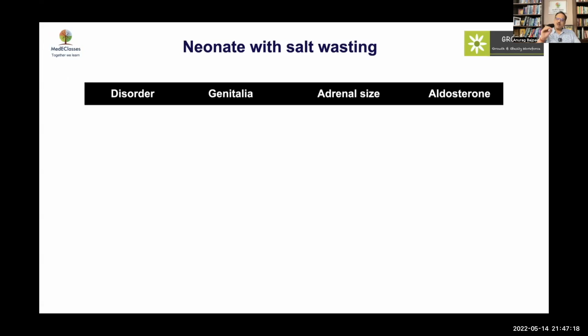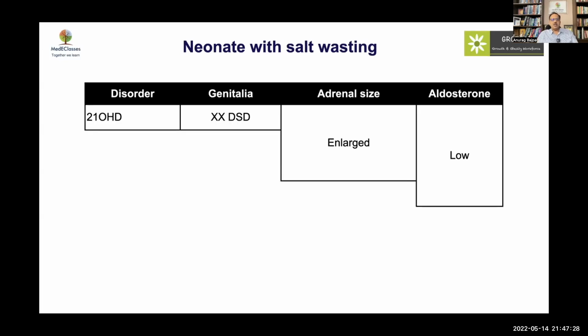One very specific situation is a neonate who presents to you with salt wasting. Again, here, the genitalia will give you a diagnosis. If you have somebody who has XX-DSD, large adrenal, this is 21-hydroxylase deficiency, most common in that scenario. If you have abnormal genitalia in both XX and XY, this could be the rare 3-beta-HSD and POR forms.